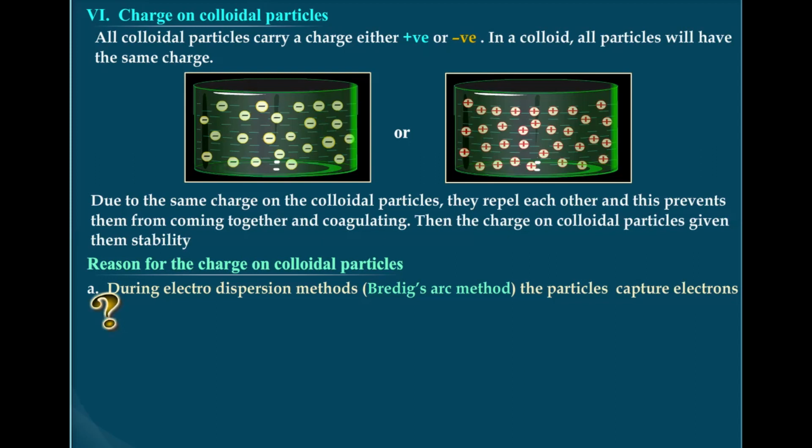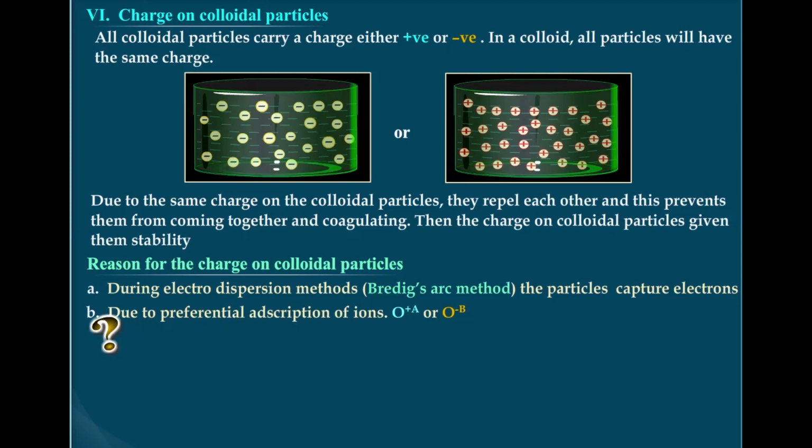The first reason: in the electrodispersion method for the preparation of colloidal sols, the particles can capture electrons, and as a result a charge can be formed on the colloidal particles.